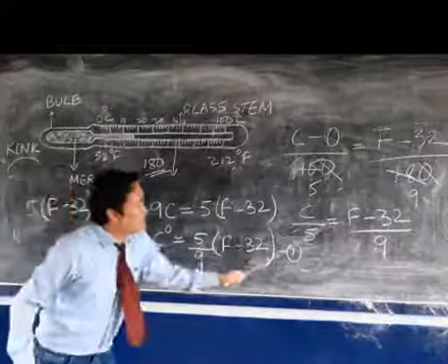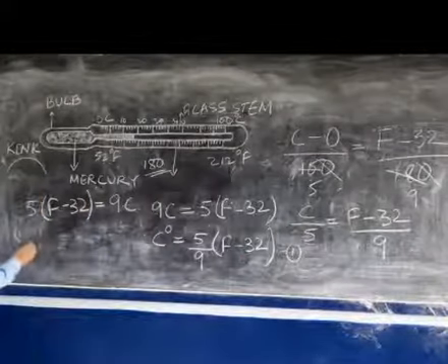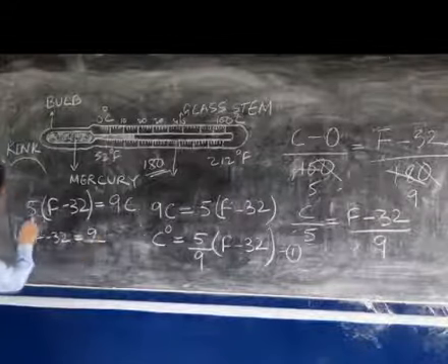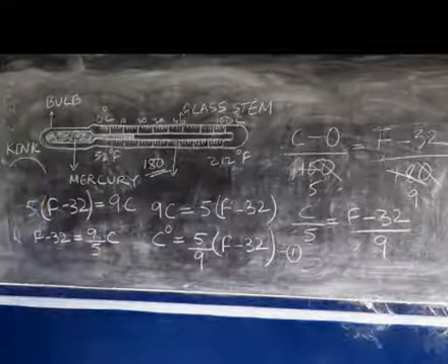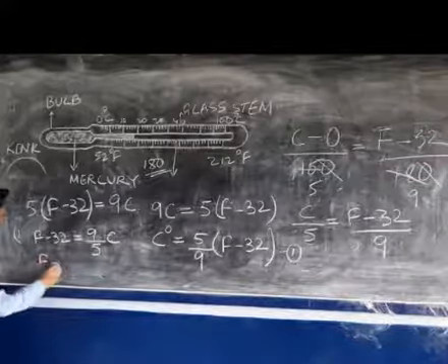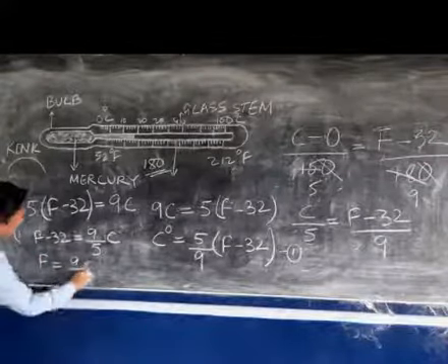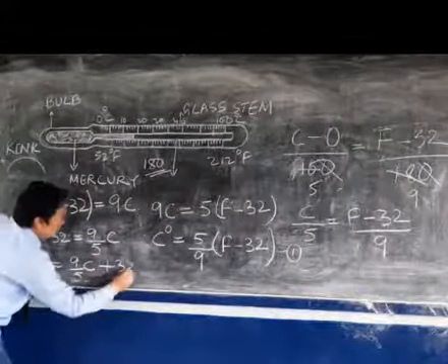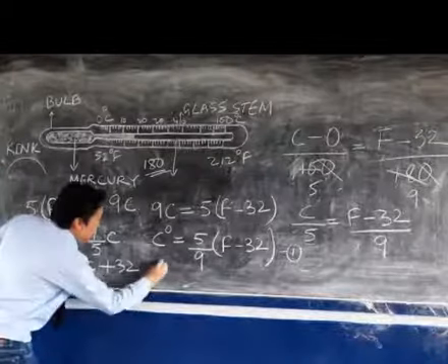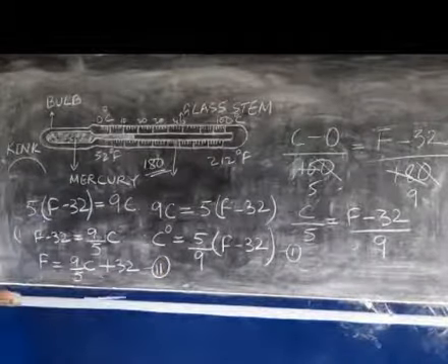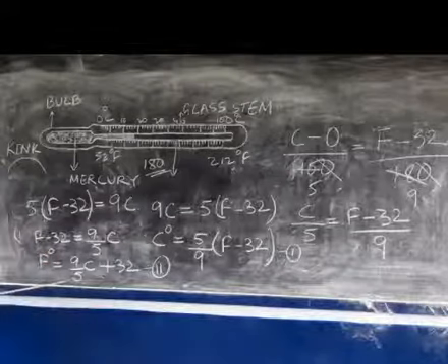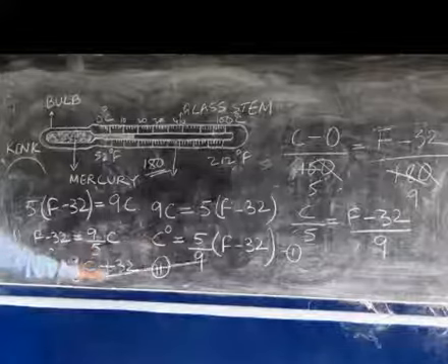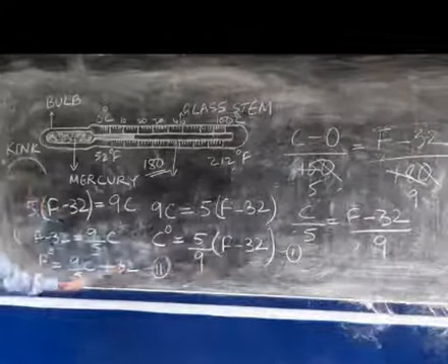Now F minus 32 equals to 9 upon 5 C, the 5 comes down on that side. Then F equals to 9 upon 5 C, take the minus 32 to the right hand side, that will become plus 32. So this is the next formula. To convert Celsius scale into Fahrenheit scale, you can use this formula: degree Fahrenheit equals to 9 upon 5 C plus 32. And degree Celsius equals to 5 upon 9 into F minus 32. So these are the two relations.